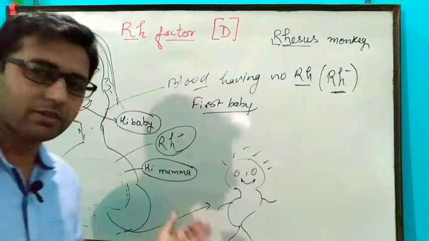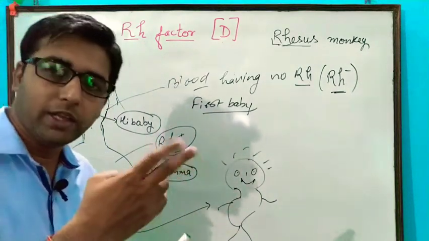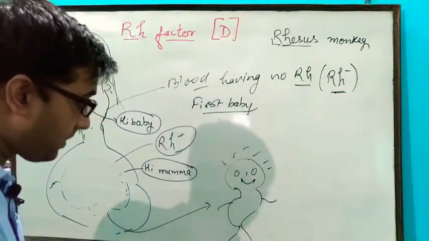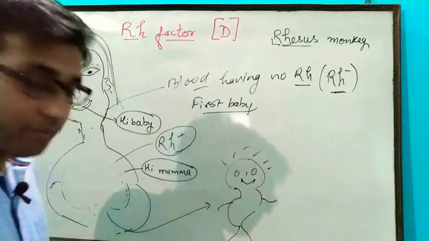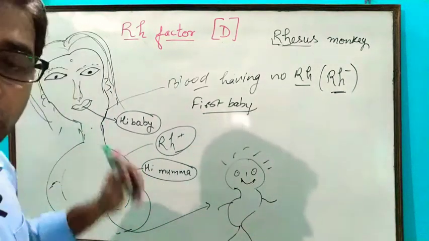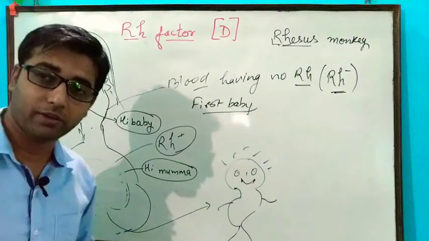But during this, when we cut the umbilical cord, some blood of the baby may move back into the circulation of the mother's blood.